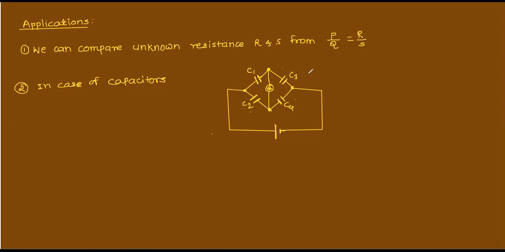If it is like this, then C1 by C2 is equal to C3 by C4. Is that clear?